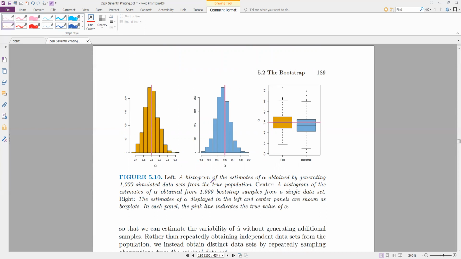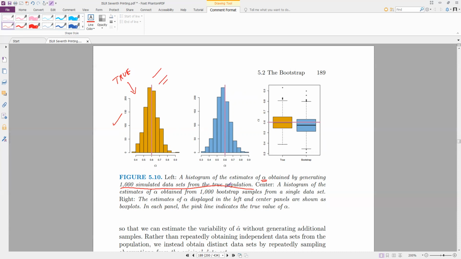So on the left, we have the histogram of the estimates of the parameter obtained by generating 1,000 simulated data sets from the true population. So what's the idea here? This is based on the true population. What they're emphasizing is that this is our best shot at the truth, by generating 1,000 simulated data sets from the true population.